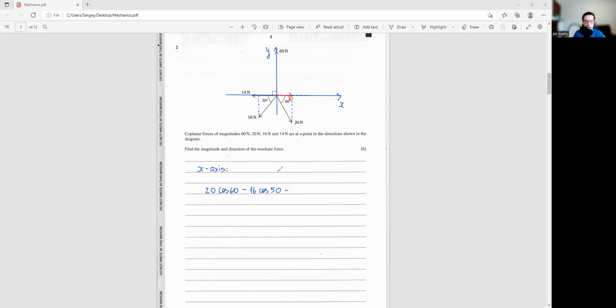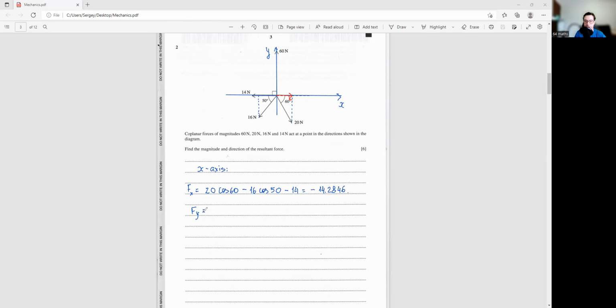So it's minus 40. I don't see any more forces acting on the x-axis. So that means this is going to be the x component of the resultant force, which is equal to minus 14.2846.